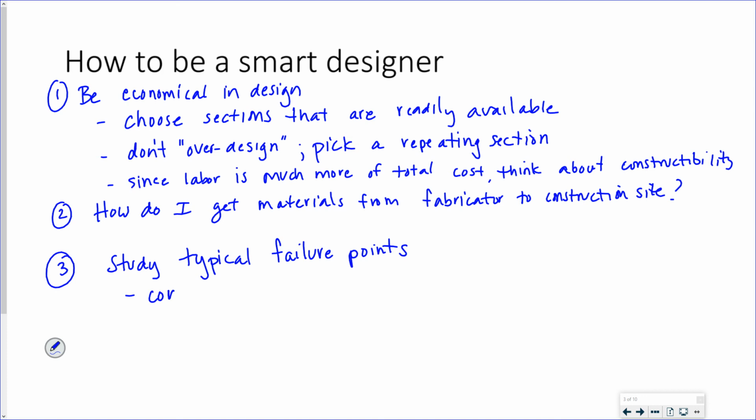Look at your connections, check for redundancy, so that if one connection goes, does the entire building fall down? Hopefully not.